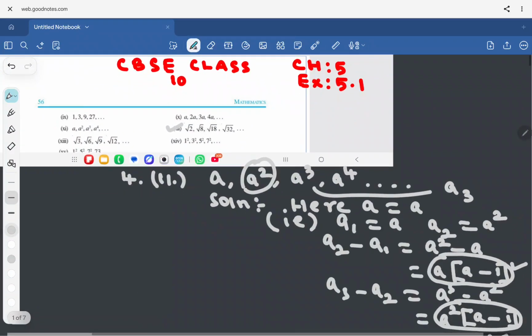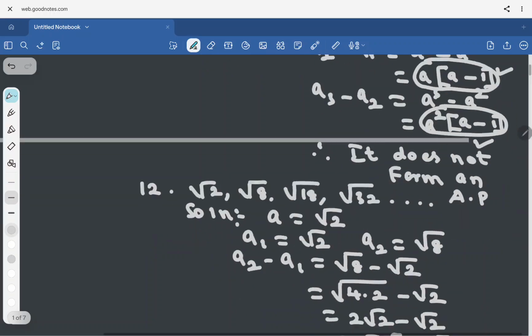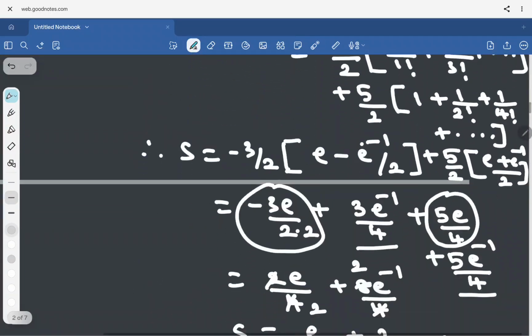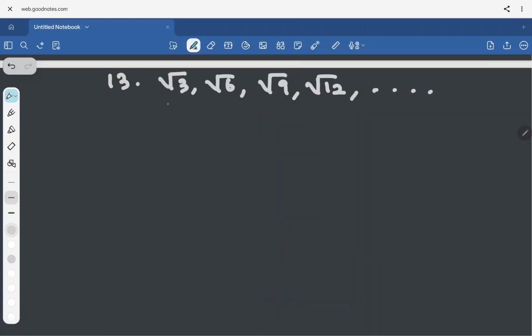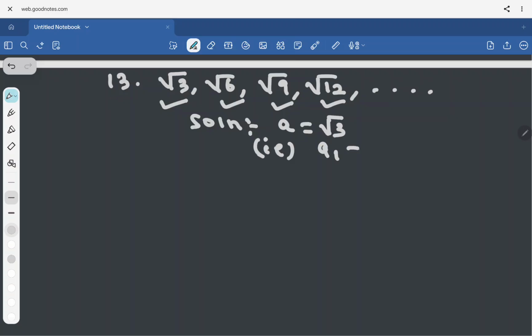Now the subdivision 13th one. Root 3, root 6, root 9, root 12. Subdivision 13 given as root 3, root 6, root 9, root 12. Solution, here a1 is root 3, a2 is root 6.